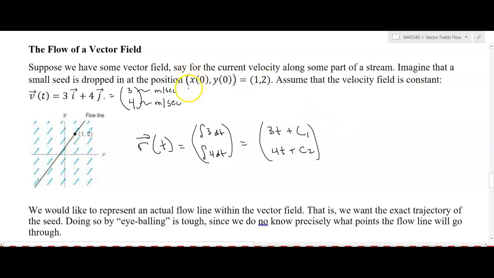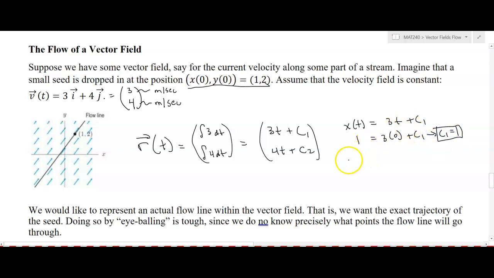So we don't want that. We are given some initial conditions here, saying that at time 0, x is at 1, and at time 0, y is at 2. So if I know that my x of t is 3t plus c1, and I'm given that initial condition, I can plug in 1 for x and 0 for t, and I get c1, which comes out to 1.